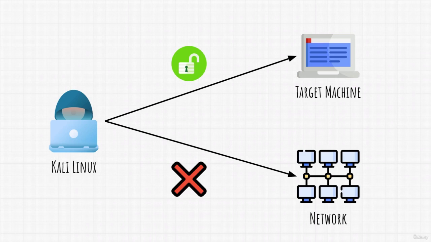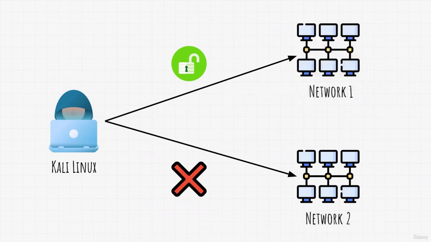Or it could be that our client has multiple networks and they only allowed us to test one of them. That means you should not go around and try to hack different machines on a different network. These are only some examples, but what's important is to always have permission to perform a penetration test. Hacking something that you are not allowed to hack could potentially get you into some serious trouble if you get caught.